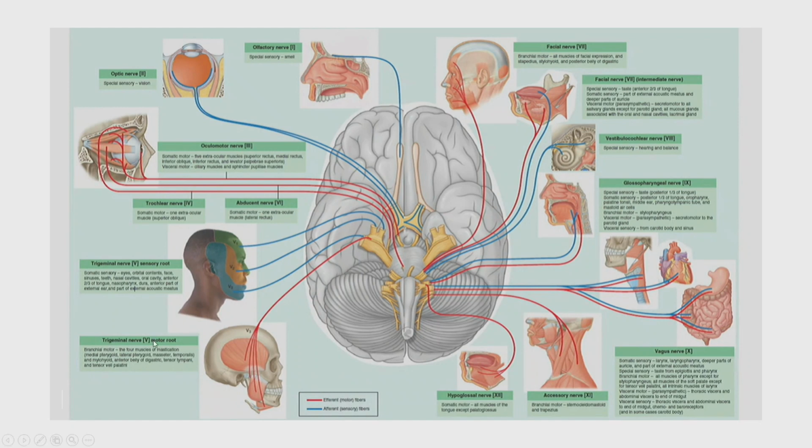If you look generally at this picture, those are the territories of each cranial nerve that it is supplying. For example, here is the trigeminal nerve, and as you see, it has mostly afferent or sensory fibers.